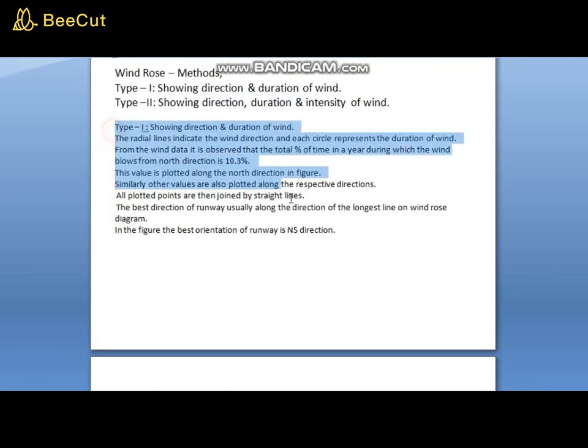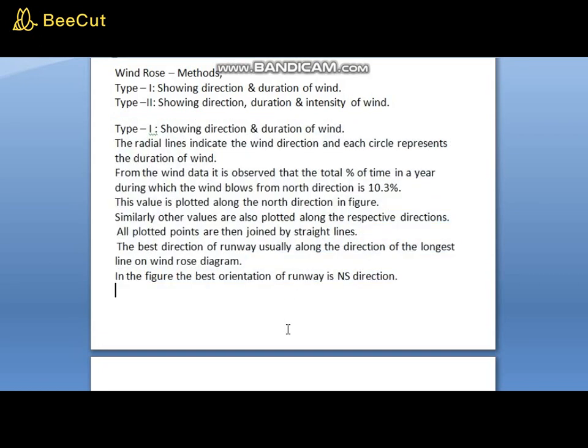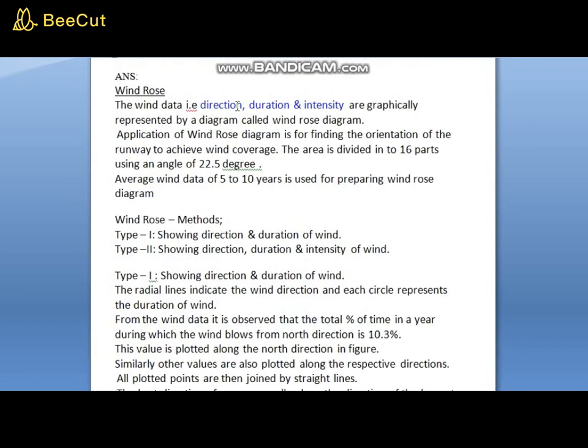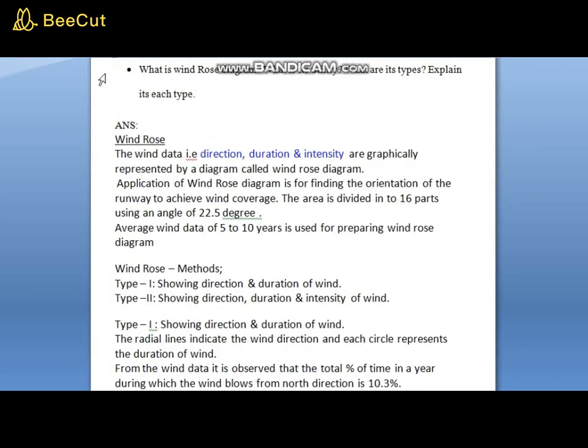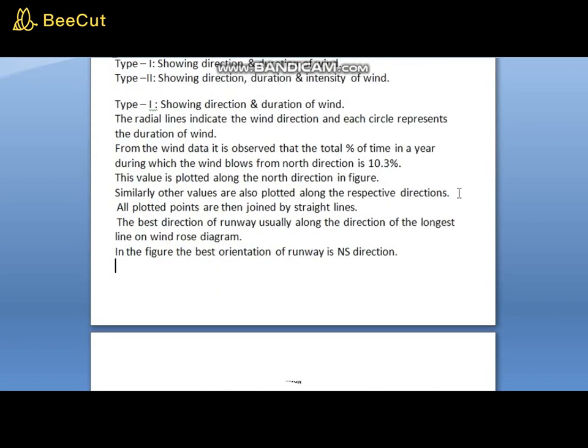So when we talk about type 1, as said earlier, we are explaining the types of Windrose diagram. Type 1 is nothing but showing direction and duration of wind.